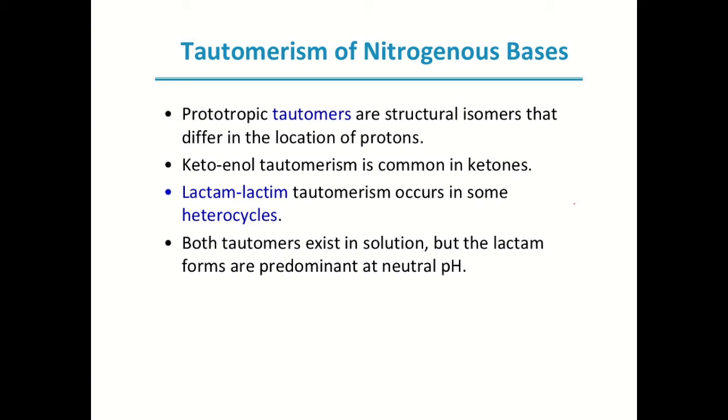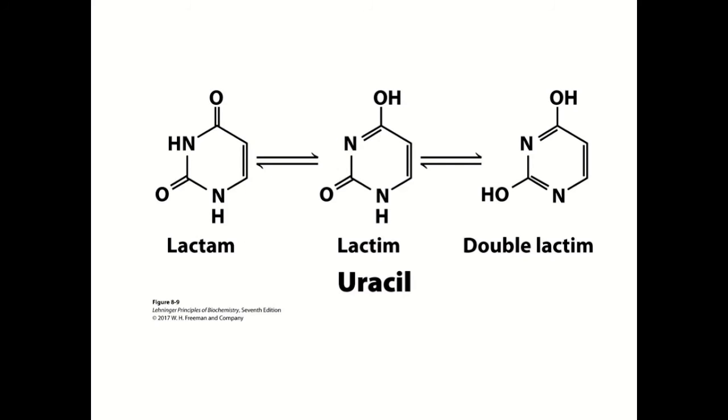These bases can actually tautomerize, and you have seen keto-enol tautomerism in ketones in organic chemistry. Well, we can also get tautomerism in these bases. So for uracil, it can exist in any one of these 3 tautomers, but which one predominates will depend upon the pH. And tautomers, as a reminder, are constitutional isomers that differ in their placement of hydrogens.